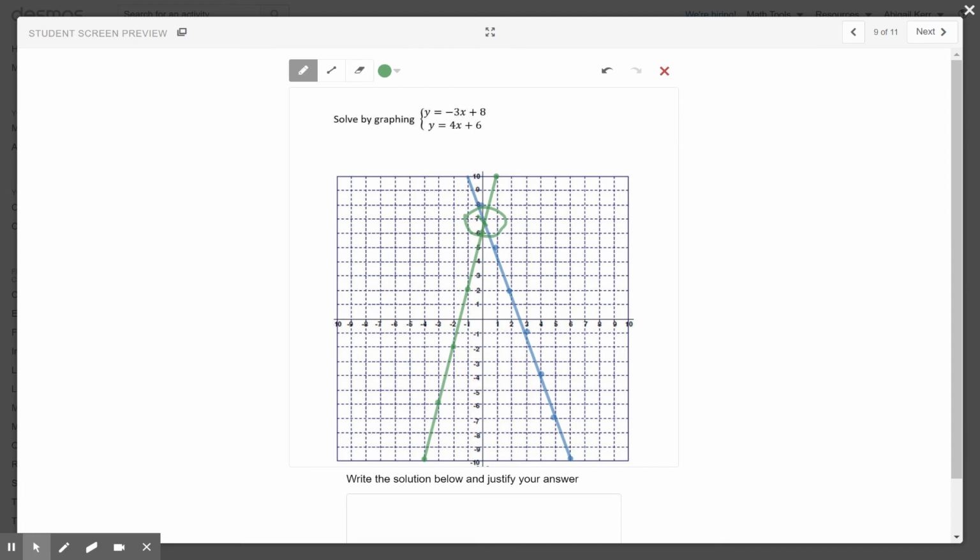So technically, the answer is 0.286, comma 7.143. So how I got that, sorry, I thought my video could show everything, but it only shows the tab that I'm on.